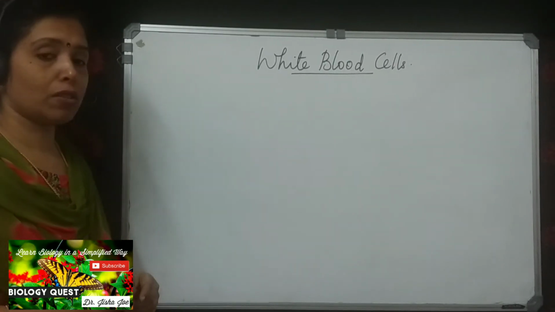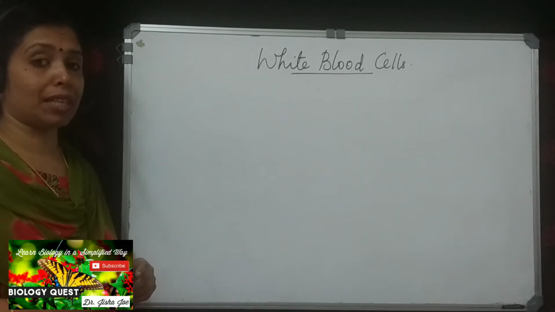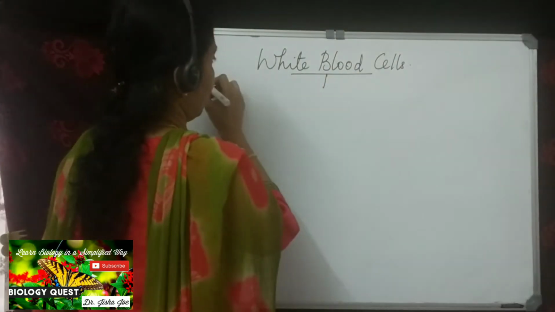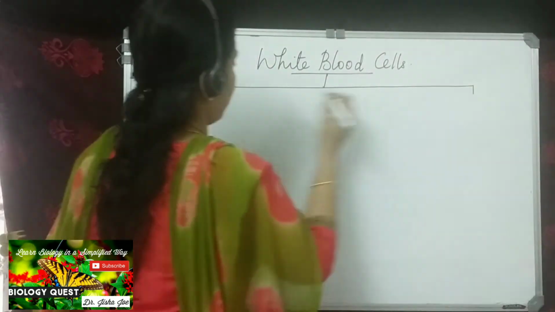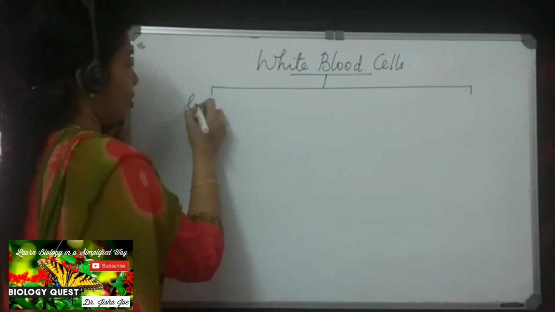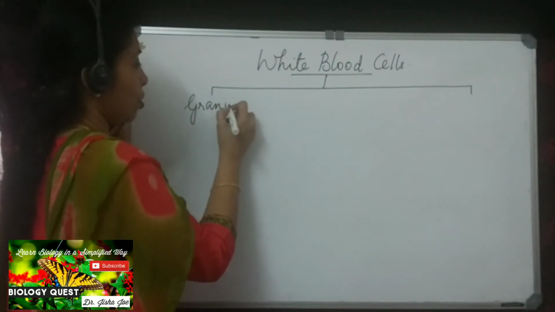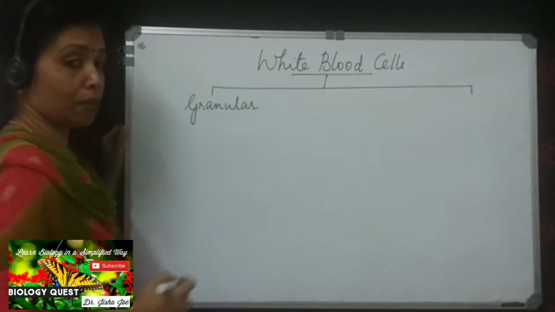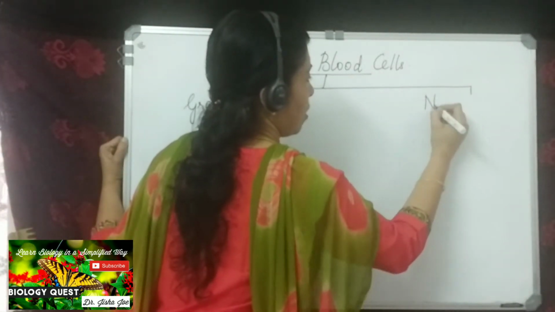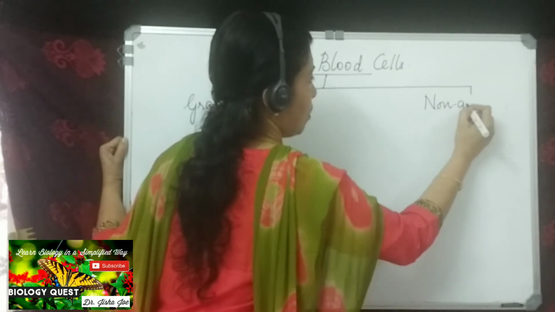Based on the presence or absence of granules, WBCs are classified into two. When granules are present, they are called granulated or granular WBCs. And when granules are absent, they are non-granular or agranular WBCs.